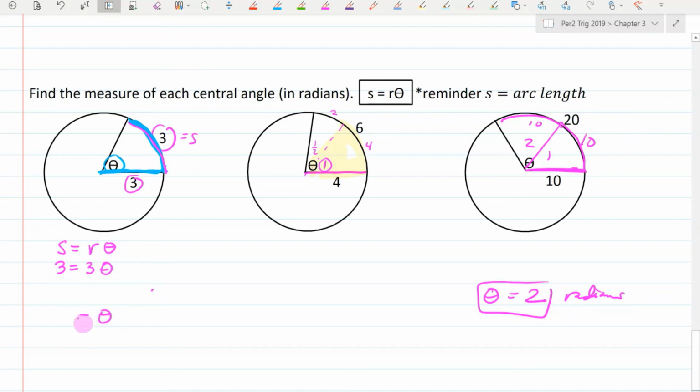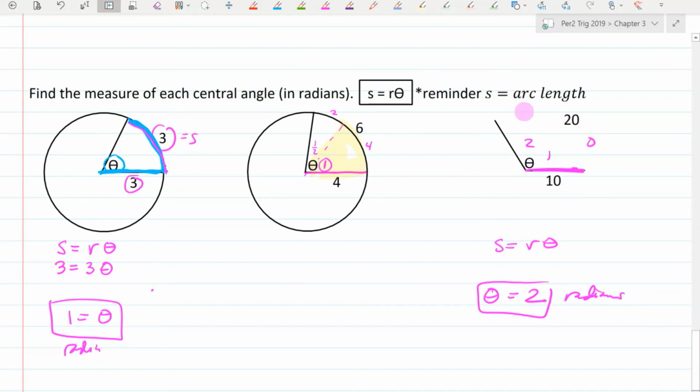Okay. Same thing here. S is equal to R theta. So this is S. R is 10 times theta.